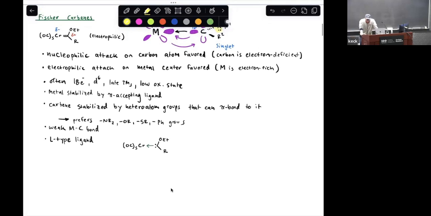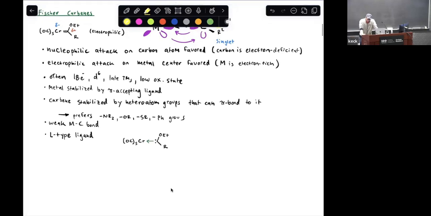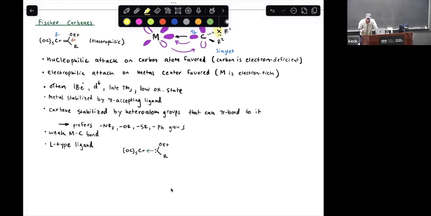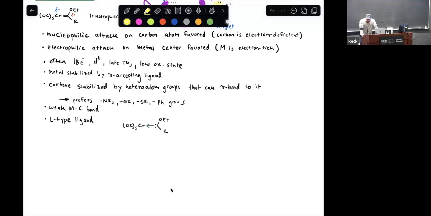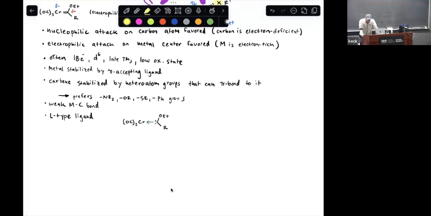And on the carbene side, it's stabilized when you have heteroatoms that can engage in pi donating interactions through their lone pairs. The carbon metal bond in this case is relatively weak. In the old literature, people did denote these bonding interactions in the dative form to signify that it's relatively weak, that it's L-type.